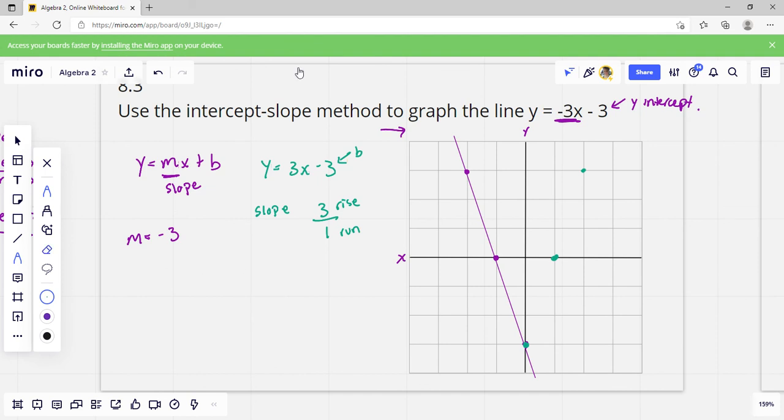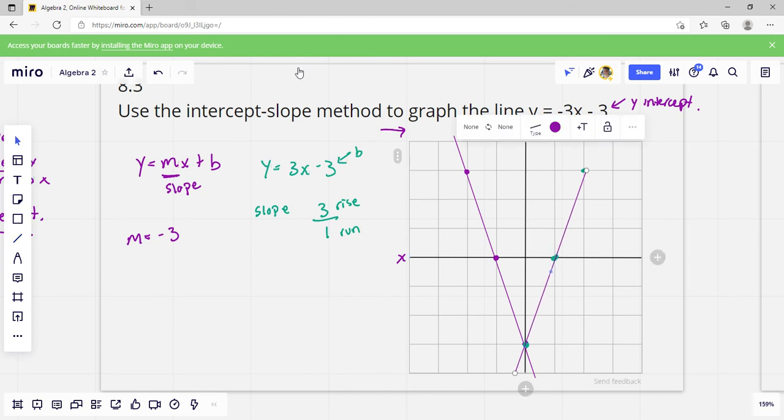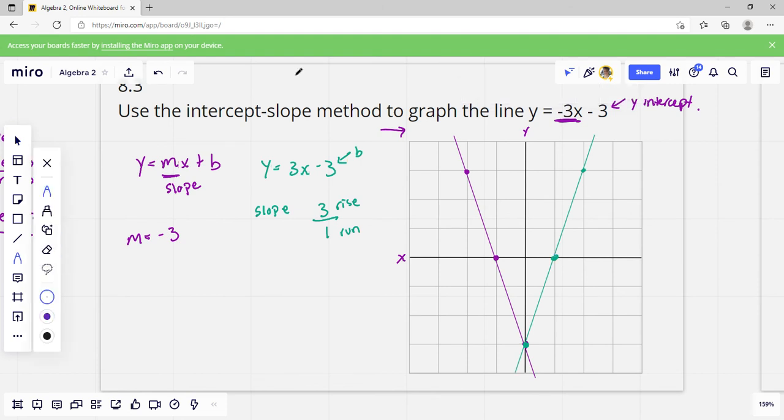So we would have a new line. That went the other way. So that's a positive slope. This one has a positive slope, and it goes uphill.